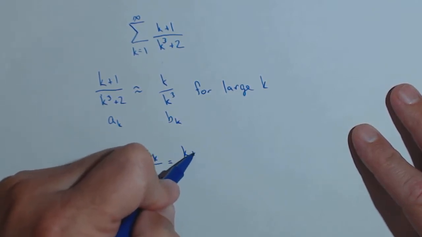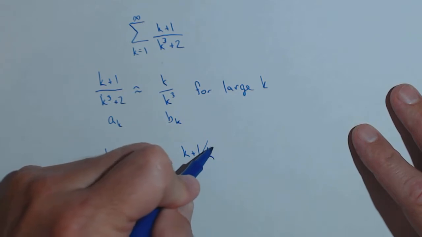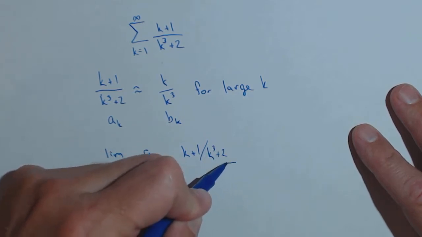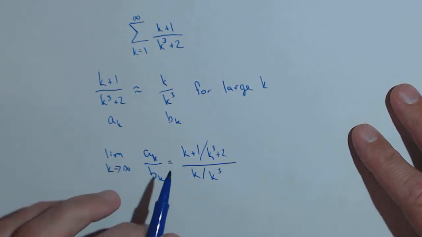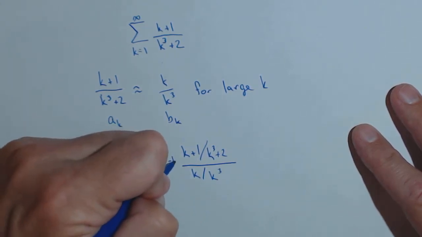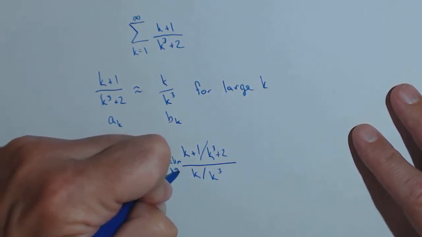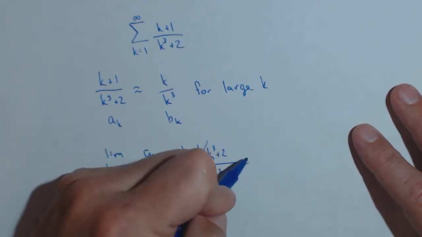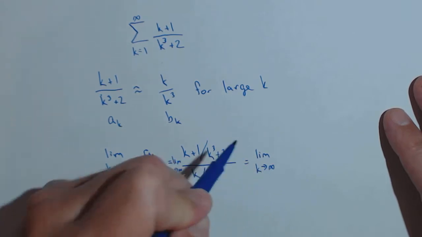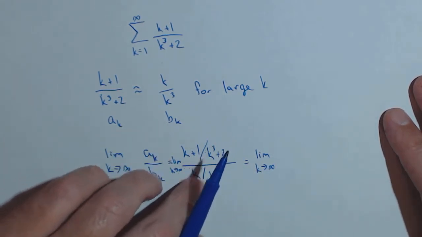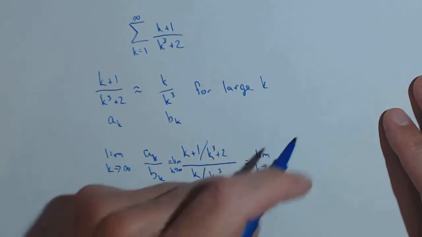So I have (k plus 1) over (k cubed plus 2), over k over k cubed. I should write limit as k goes to infinity. We have not taken the limit yet, so we should have that in on every step. Here, I'm dividing by a fraction, so I can flip and multiply.